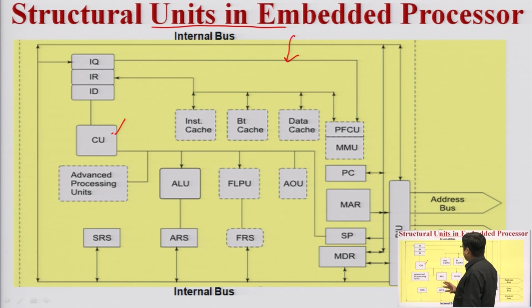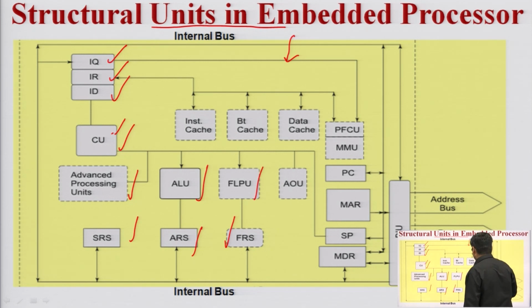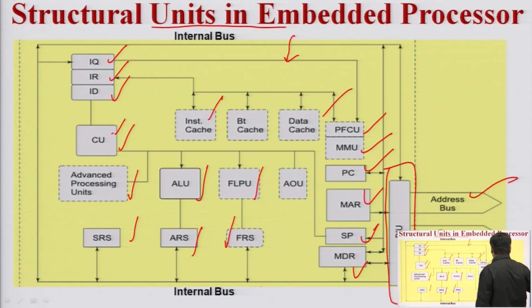Here you can see the instruction queue, instruction register, instruction decoder, control unit, advanced processing units, SRS, ARS, FRS, register set, advanced register set, specific register set, ALU, arithmetic logic unit, floating point unit, data instruction cache, data cache, prefetch control unit, memory management unit, program counter, memory address register, stack pointer, memory data register, bus interface unit, and address bus, data bus, control bus.